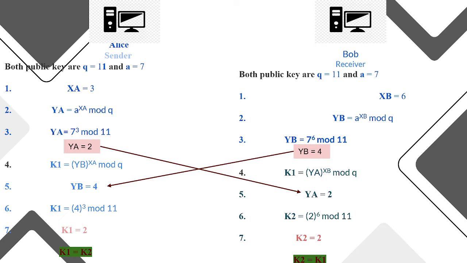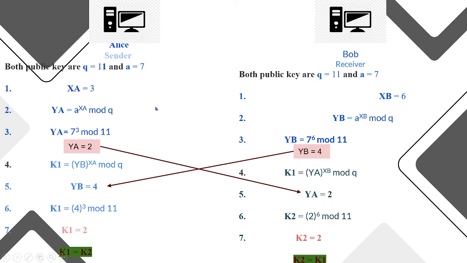So you can see Alice and Bob. Alice is the sender and Bob is the receiver. Firstly, Alice and Bob agree upon two large prime numbers, Q and A. These two numbers need not be secret and can be shared publicly. Alice chooses another large number, XA equals 3.